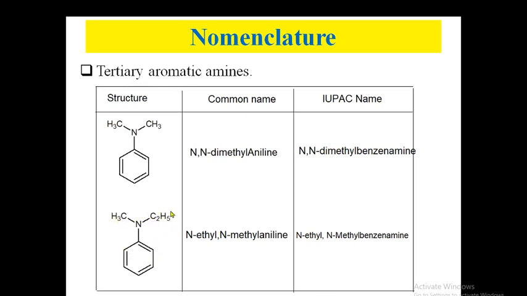Ethyl comes earlier due to alphabetical order, so E comes earlier than M. And now let's go for the IUPAC name. Obviously it's N-ethyl methyl in alphabetical order, and this becomes the benzenamine, and therefore it's N-ethyl methyl benzenamine. This is the naming of tertiary aromatic amines.